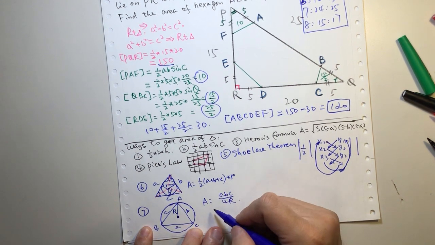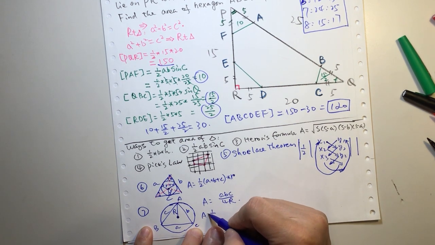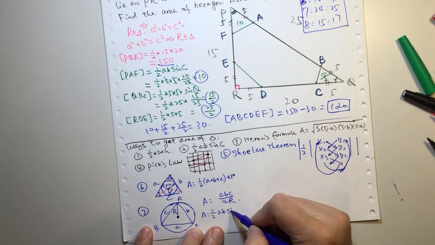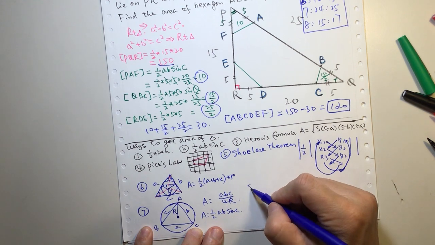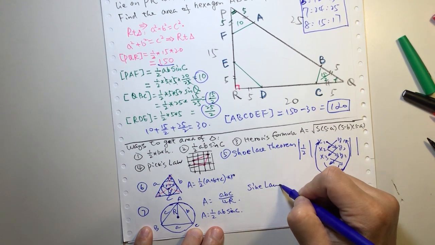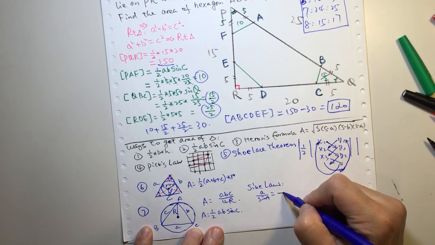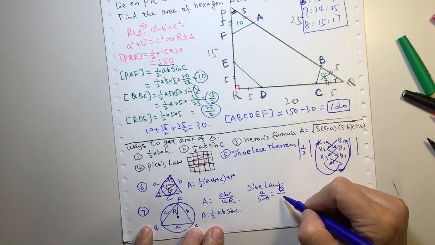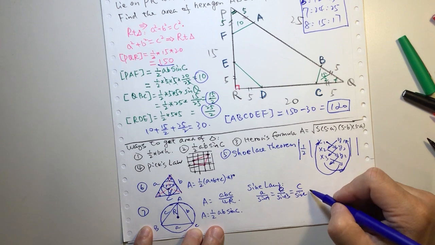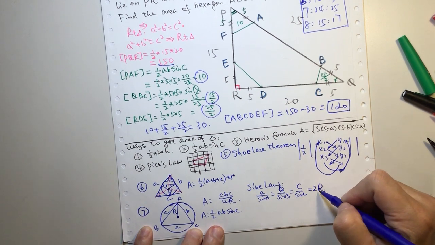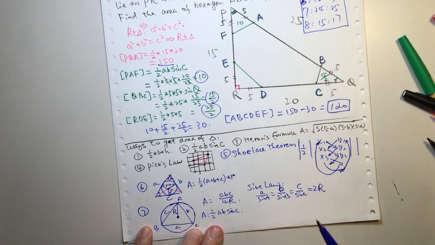How did we get this formula? Because we know the area is 1/2 AB sine C, right? And we know the sine law: A over sine A equals B over sine B equals C over sine C, and equals 2R, where R is the circumradius of the triangle.